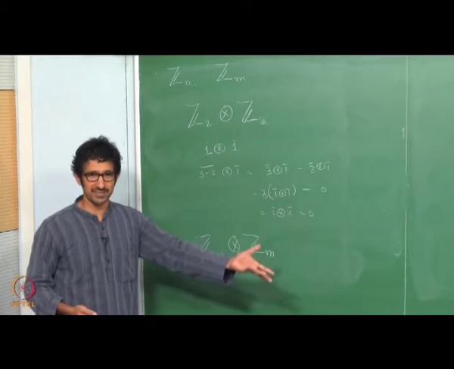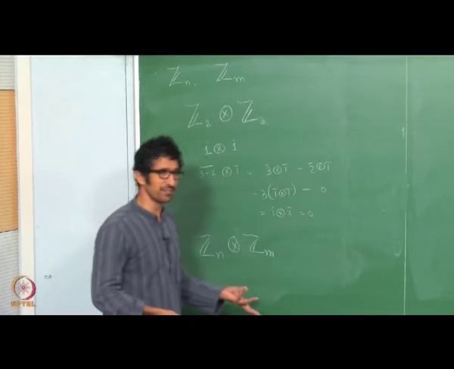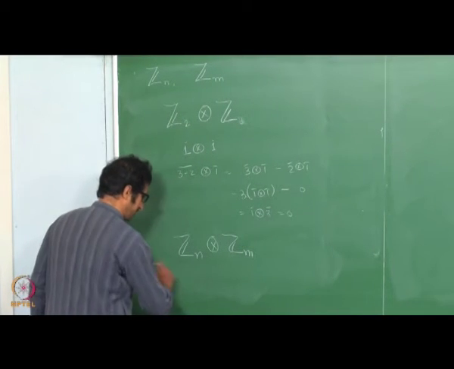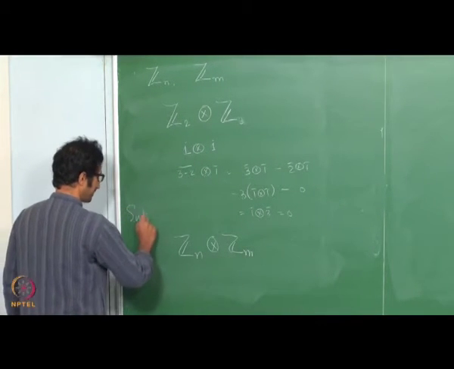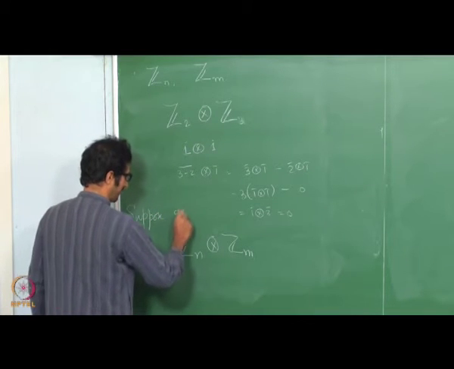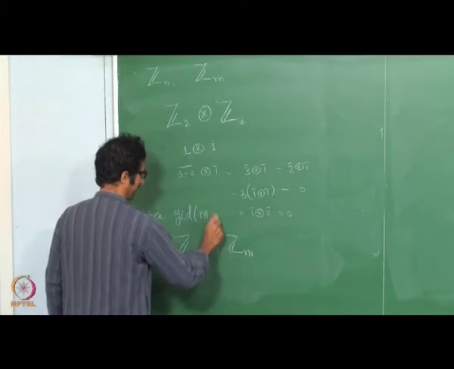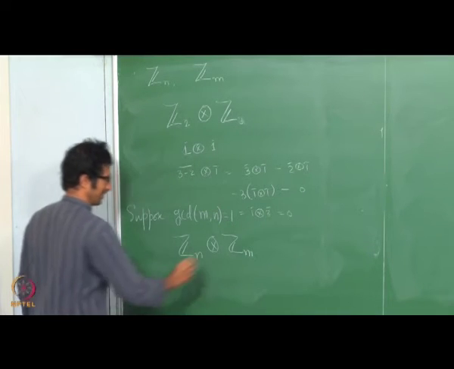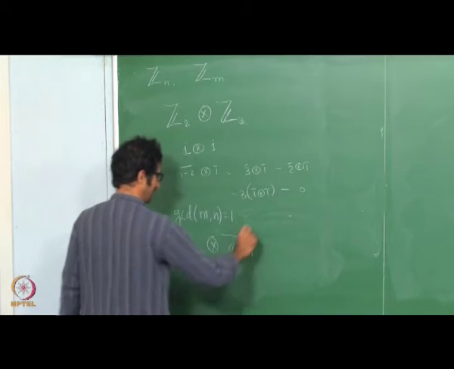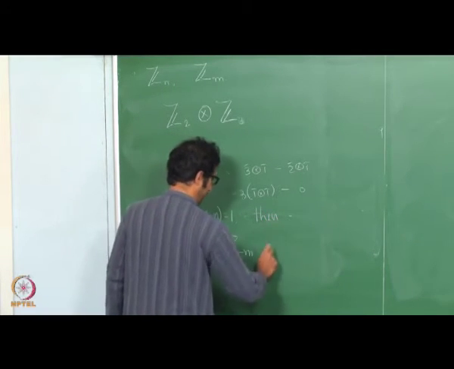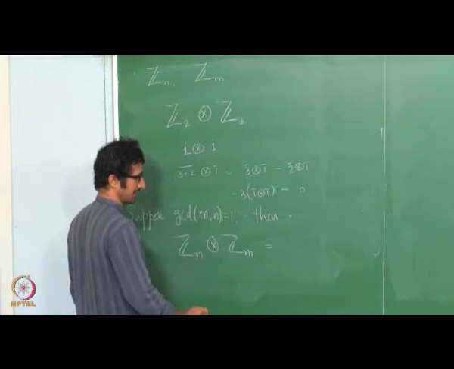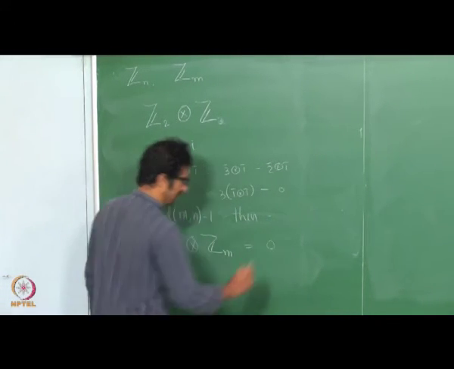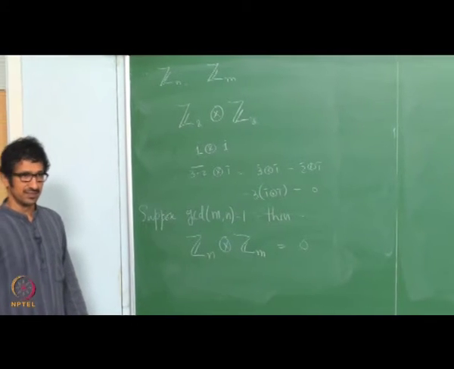And what is that property? GCD of m and n is 1. So if GCD(m, n) = 1, then I want to say that this is 0.